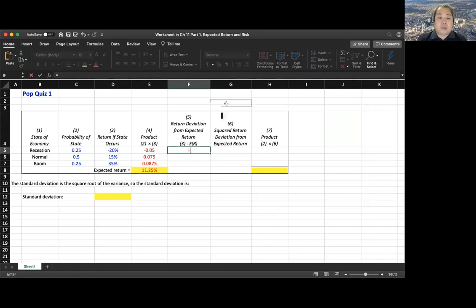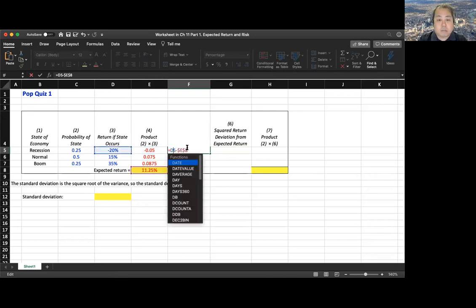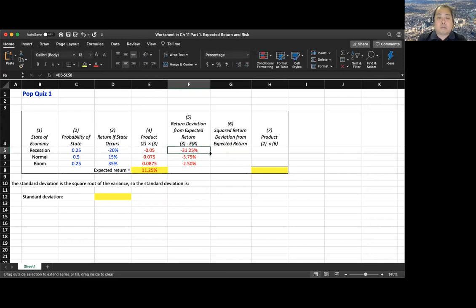Then find deviation from the expected returns. Square them.